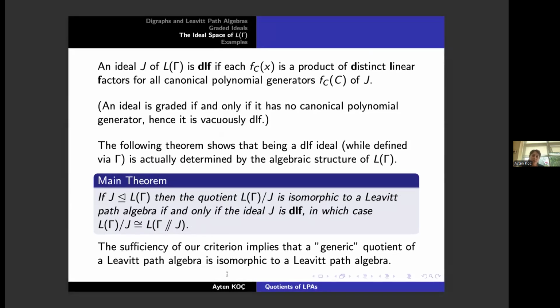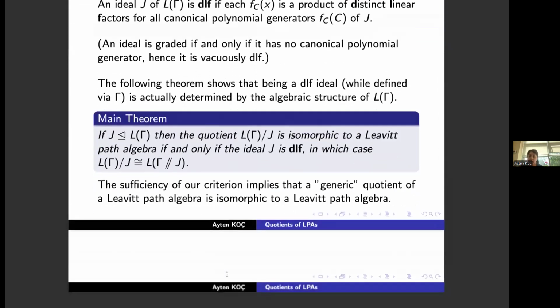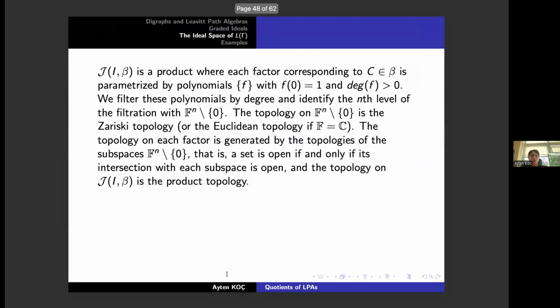And the sufficiency of our criterion implies that a generic quotient of a Leavitt path algebra is isomorphic to a Leavitt path algebra. And J_beta is a product where each factor corresponding to C in beta is parameterized by a non-constant polynomial with constant term 1.